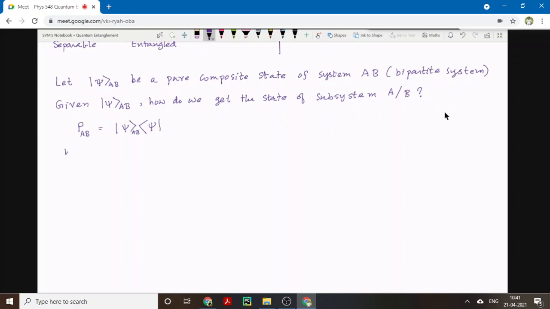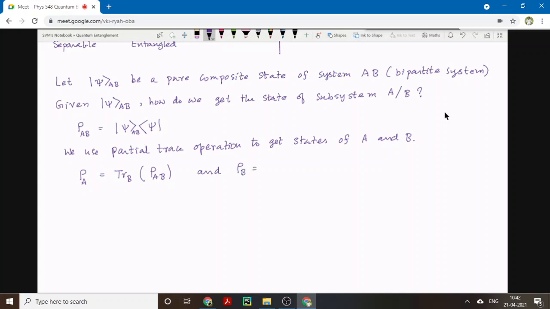Then we use what is called a partial trace operation to get states of A and B. Like we say rho A is equal to trace over B of rho AB, and rho B is equal to trace over A of rho AB.